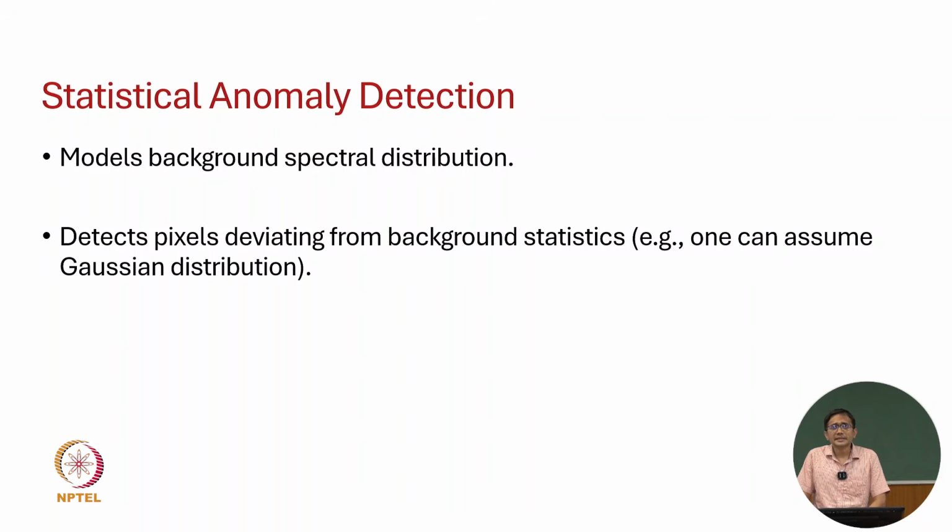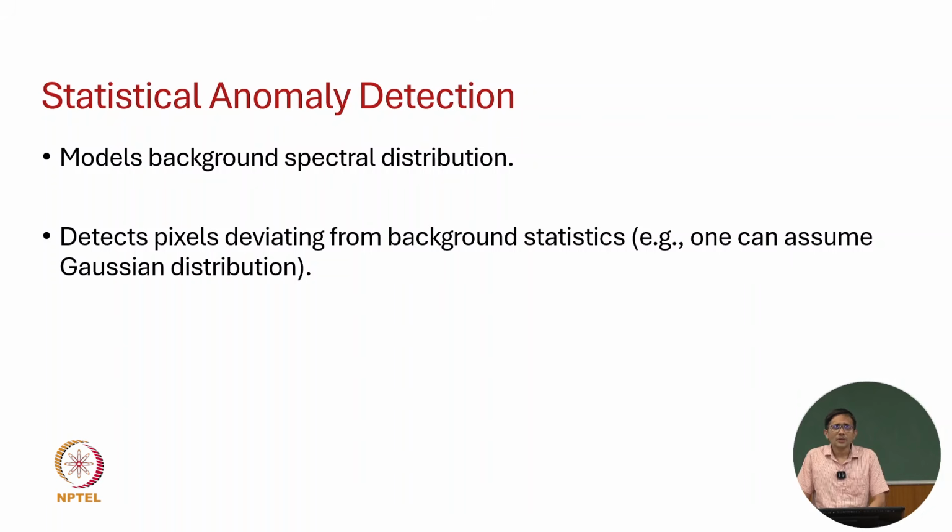In statistical anomaly detection, the model first models the background spectral distribution, and then the anomalous pixels are detected as those pixels that deviate significantly from the background statistics.